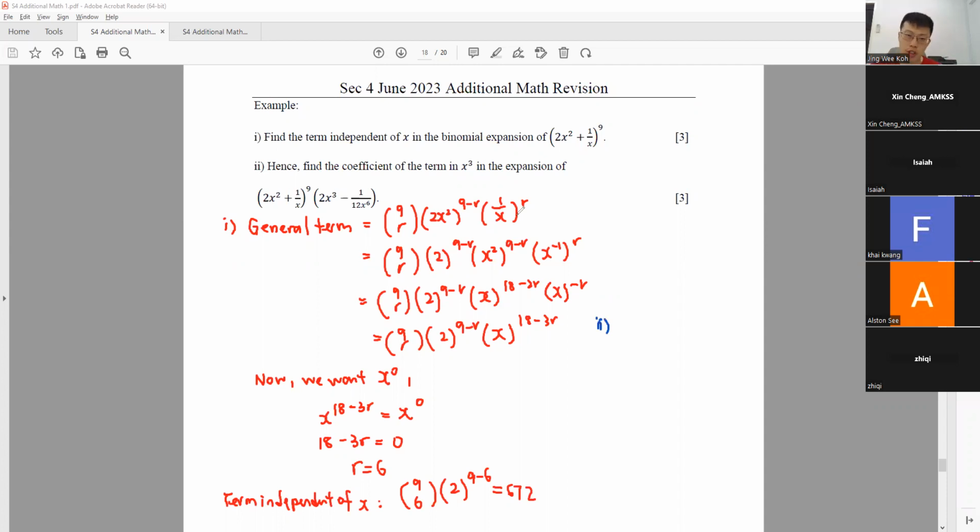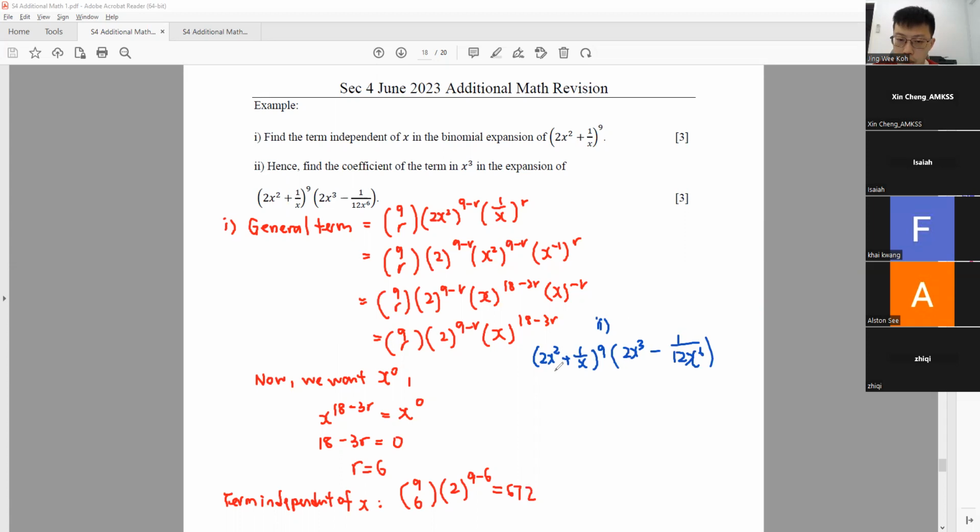Part 2, hence find the coefficient of x cubed in the expansion. So to find x cubed, what do I need? I need a number from here, right?